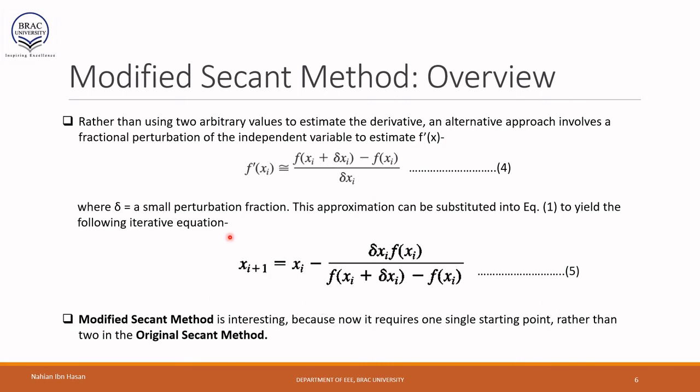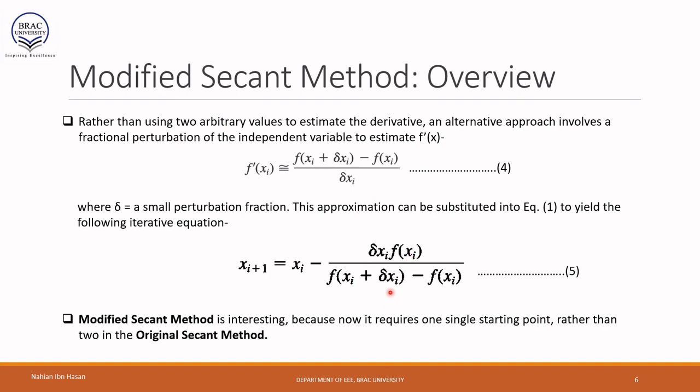But in this case, look at the right hand side of equation 5, we need just one initial point, that means xi. So that is the difference between the modified second method and the original second method. In the original case, we needed two starting points, but now we need a single starting point. So that's how the second method can be modified, which is something more like an open method.